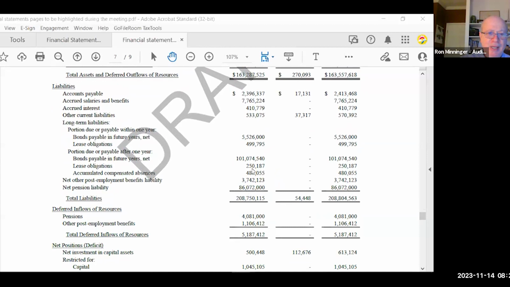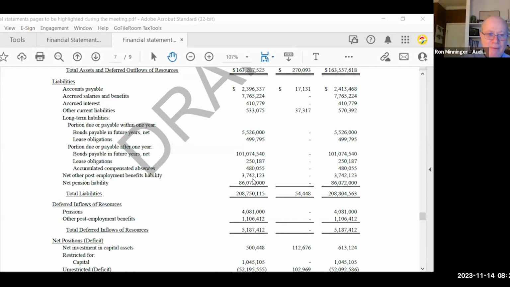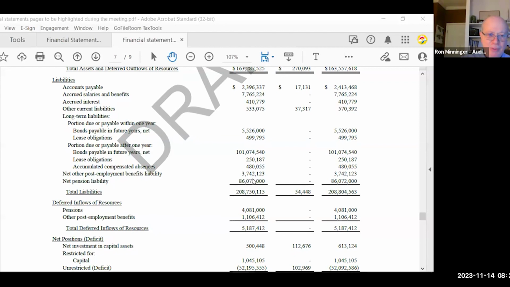And then you can see the largest liability is the bonds payable, which is included in here. Current portion of $5 million, long-term portion of $101 million. We have some lease obligations. We have compensated absences that are expected to be paid out in the long term. We have net other post-employment benefits. And the net pension liability is a very large number.